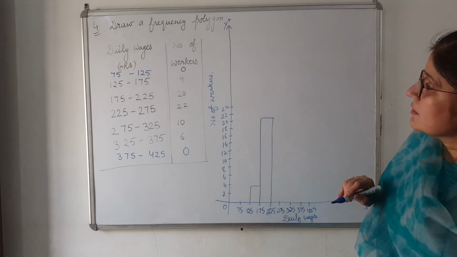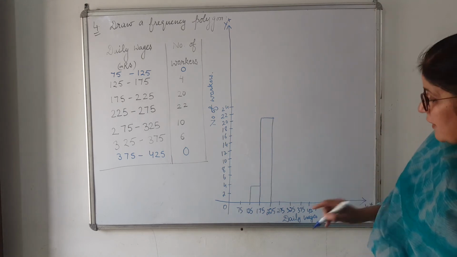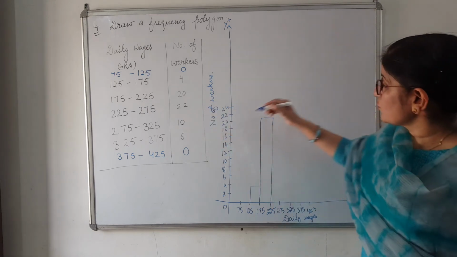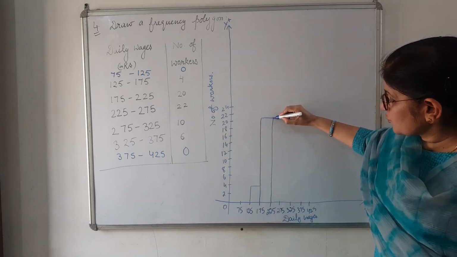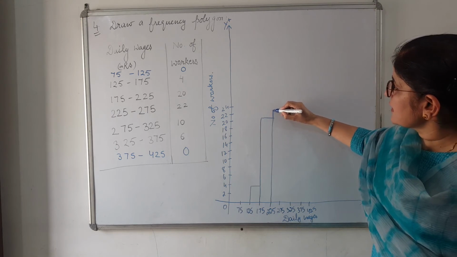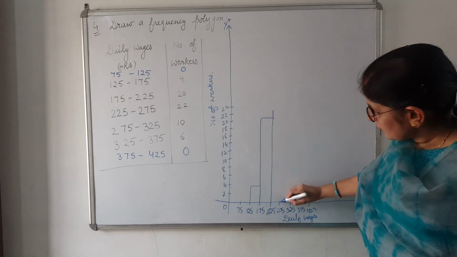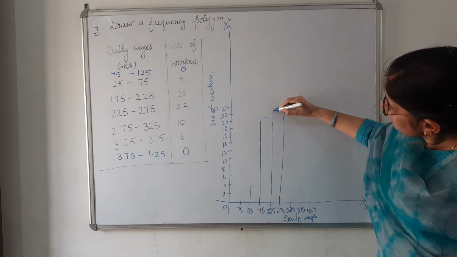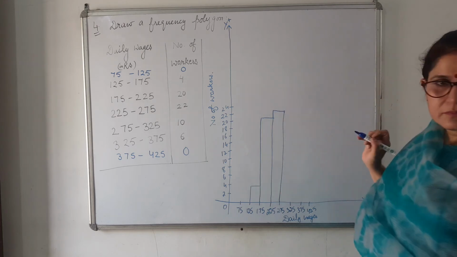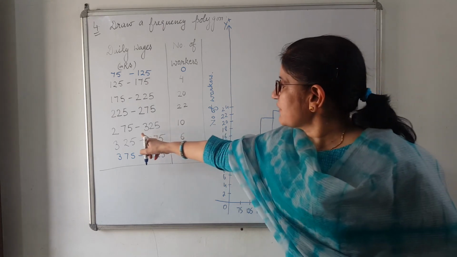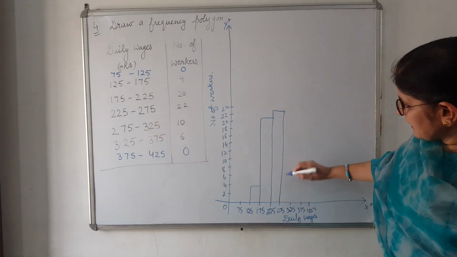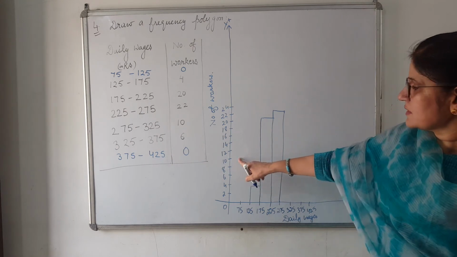Next one, 225 to 275. Number of workers 22. So this 225 line, first we increase till 22, then similarly this line, and we join them. Next group, 275 to 325. The frequency is 10.